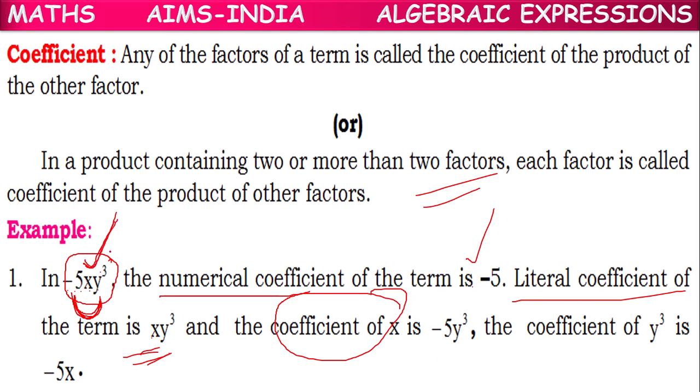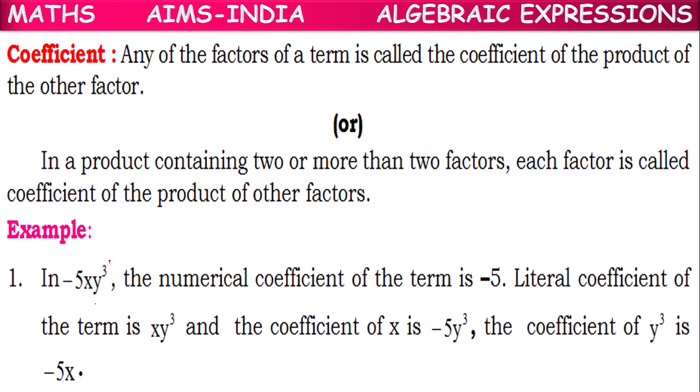So if we exclude x, what will be the remaining part? Minus 5y cube. So minus 5y cube will be the coefficient of x. If you want the coefficient of y cube, the remaining part is minus 5x. So the coefficient of y cube will be minus 5x. Like that, according to the requirement, we can have the coefficients.